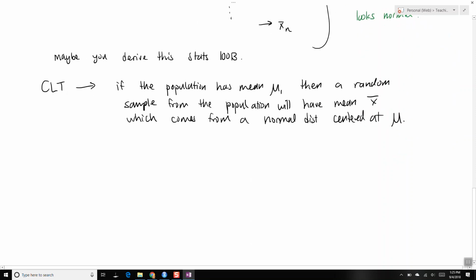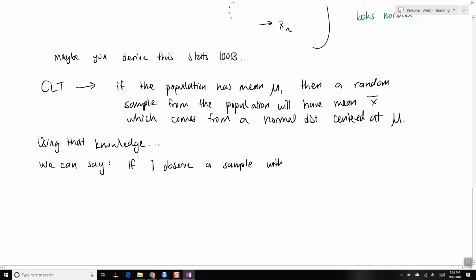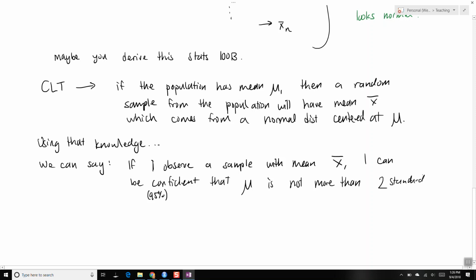So that's what the central limit theorem states. And using that knowledge, we can say, if I observe a sample with mean x bar, I can be 95% confident that mu is not more than 2 standard errors away. Something like that.